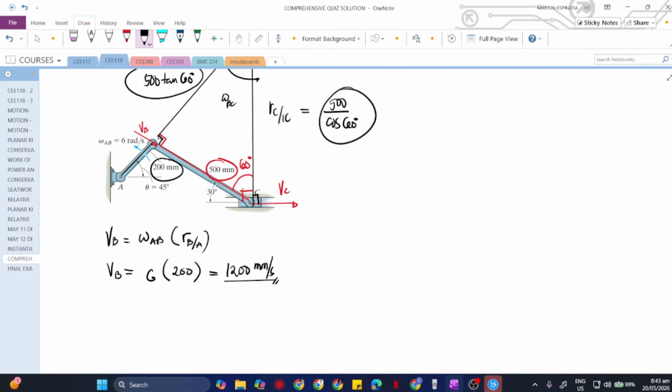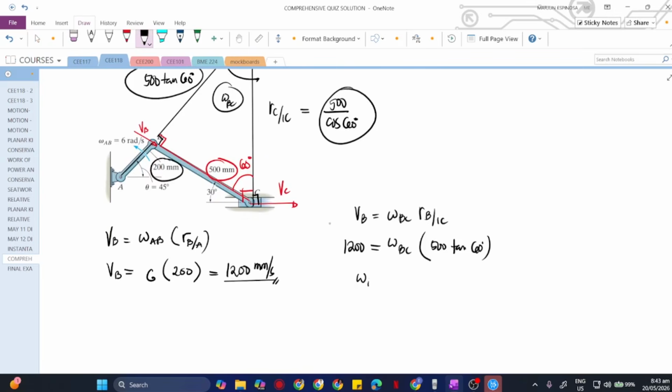We will use this velocity at B to solve for the angular velocity BC. So, velocity at B is equivalent to angular velocity BC times RBIC. The velocity of B, we got to be 1,200 mm per second. The angular velocity BC is what we are looking for. And RBIC is 500 tangent of 60 degrees.